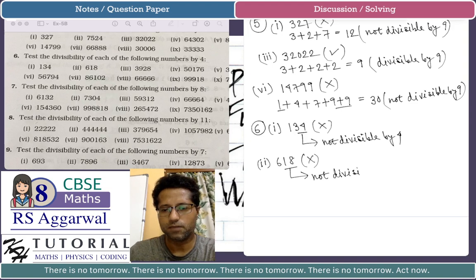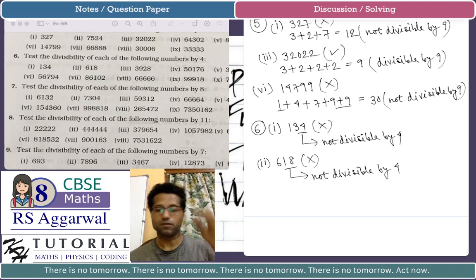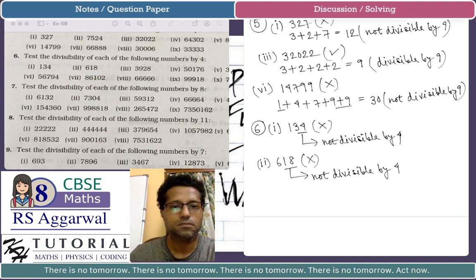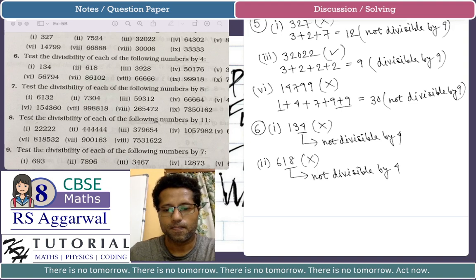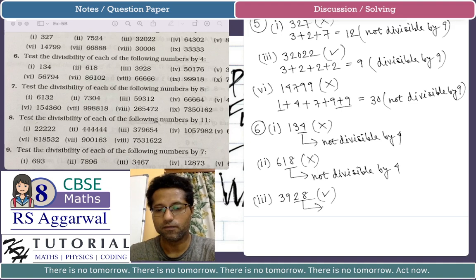Hence, the number 2618 is not divisible by 4. Let's see 3928. The number formed by the last two digits is 28, and obviously 28 is divisible by 4. So this number is divisible by 4.